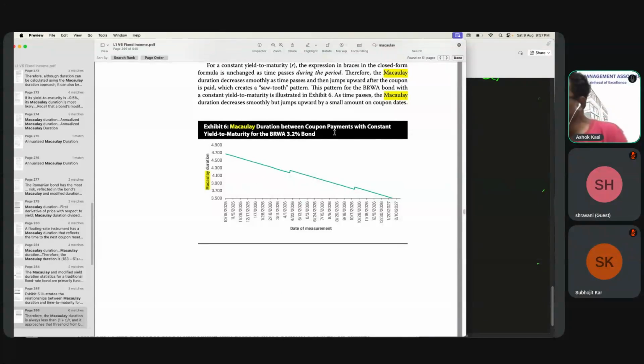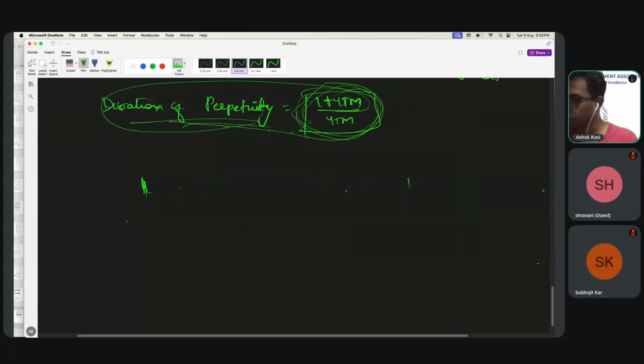Macaulay duration between coupon payments with constant yield to maturity. So you see, this is the coupon payment date. It is coming down, then at the payment date it slightly goes further up. Why so? Because the interest payment you are going to get is approaching, so the duration is coming down slightly.